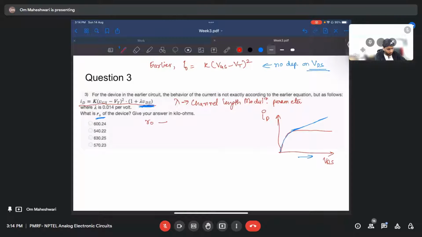And R naught is actually the output impedance, output resistance. R naught is 1 by GD, where GD, or G naught, whatever you call it, is the output conductance.